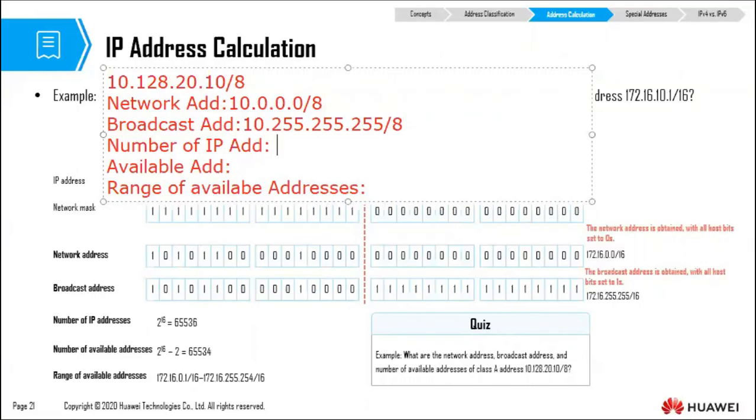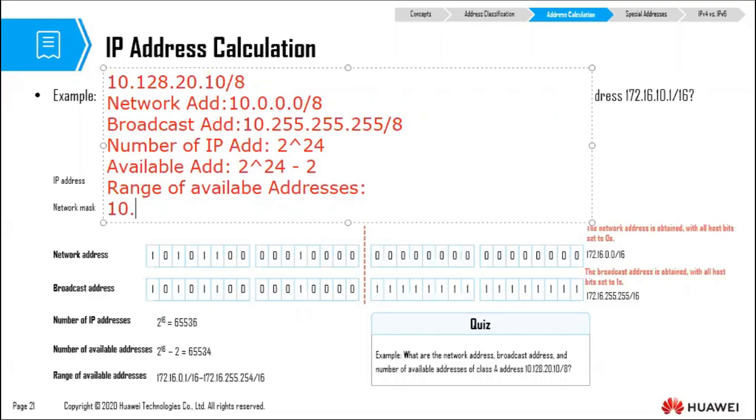Number of IP addresses: how many host bits do we have? 24, right? Available addresses: 2^24 minus 2. Range: what will be the range? 10.0.0.0/8, right?